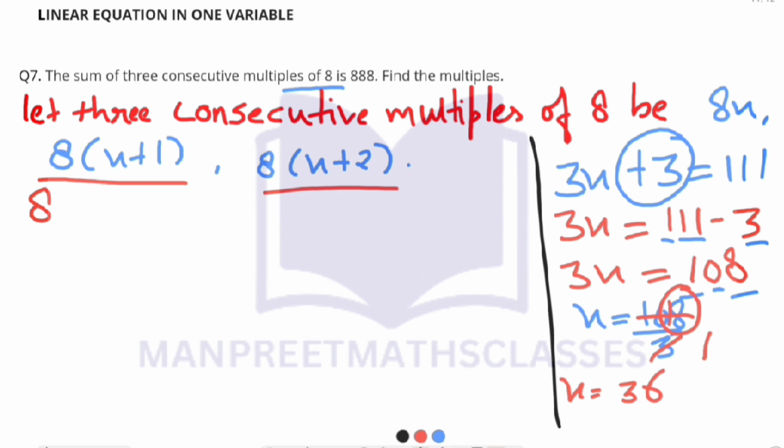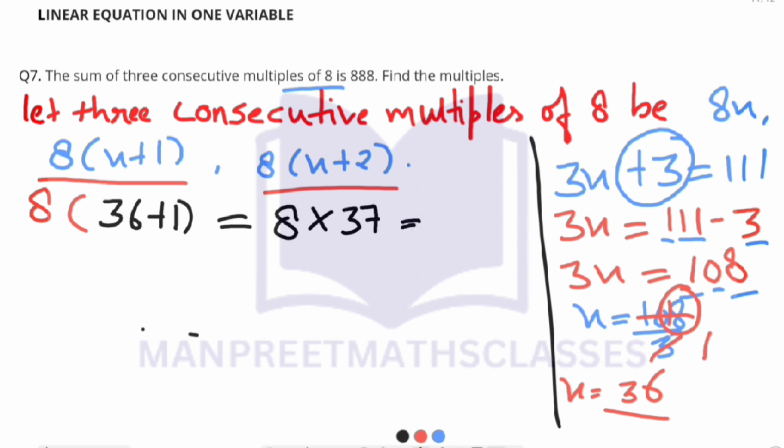8 x plus 1, in place of x we got the value 36, so 36 plus 1, so 8 multiplied by 37. अब इसको मल्टीप्लाई करेंगे, 7 8 are 56, 5 कैरी, 8 3 are 24 plus 5 29.